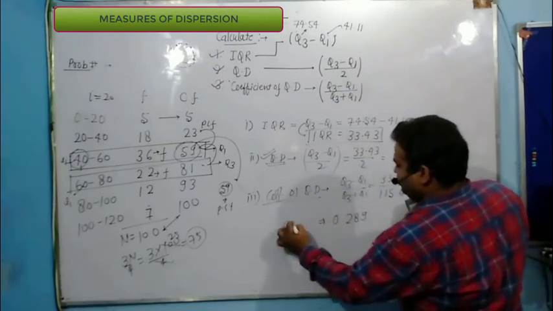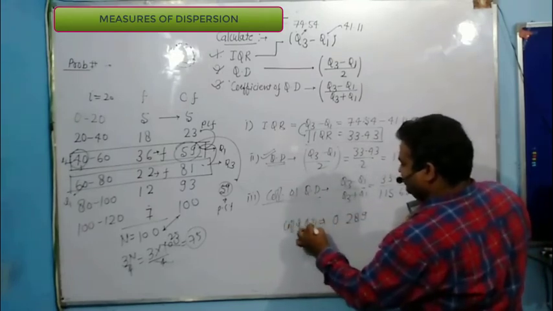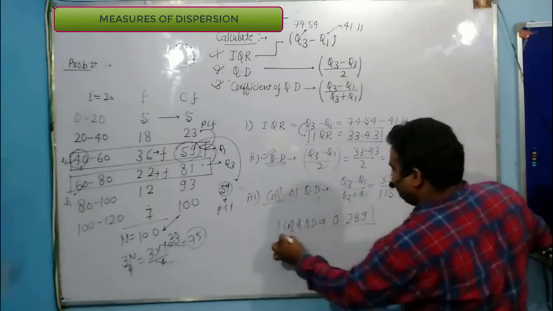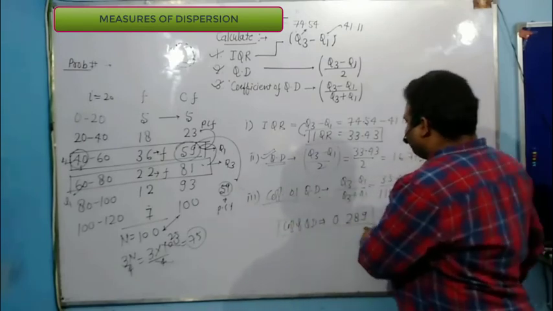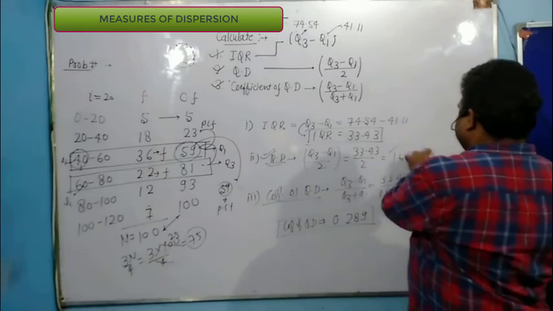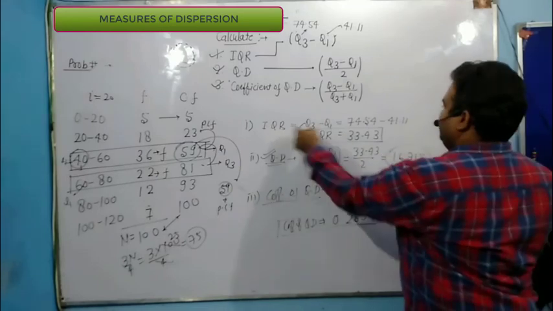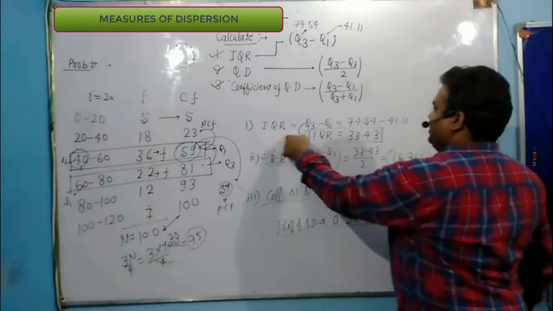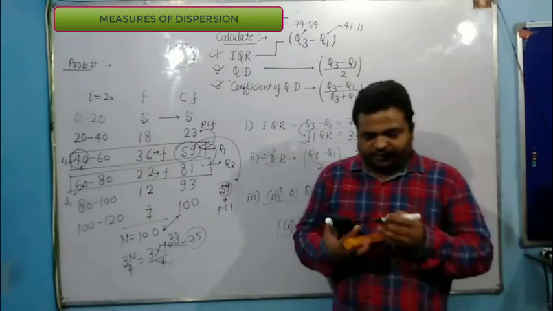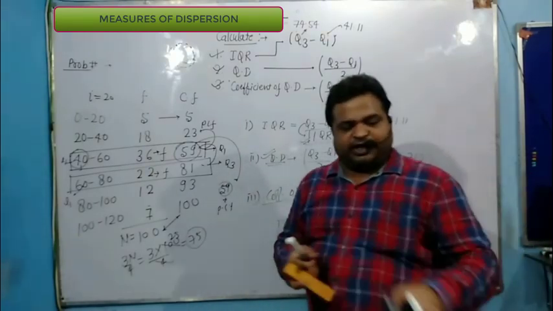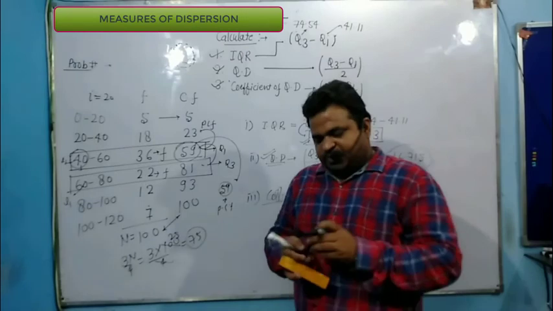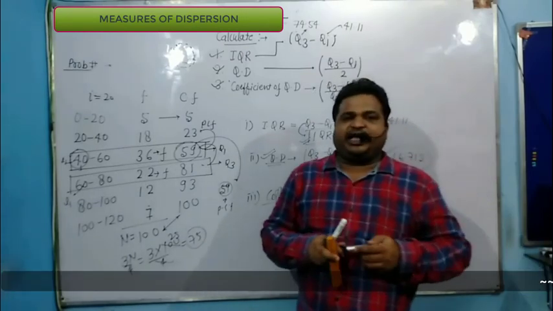So my coefficient of quartile deviation is 0.289, the quartile deviation is 16.714, and the interquartile range is 33.43.